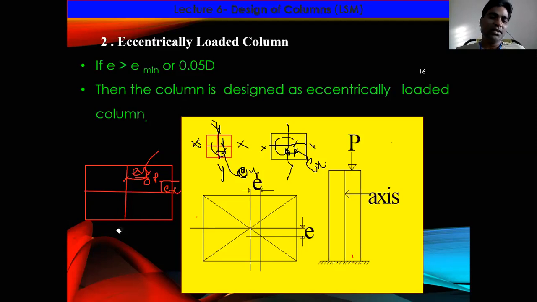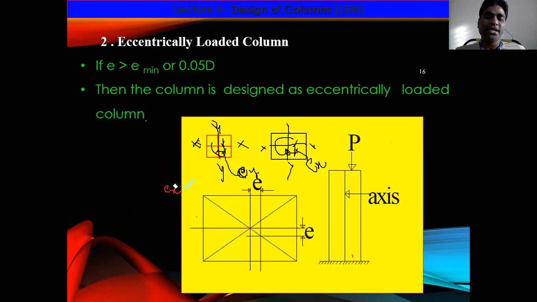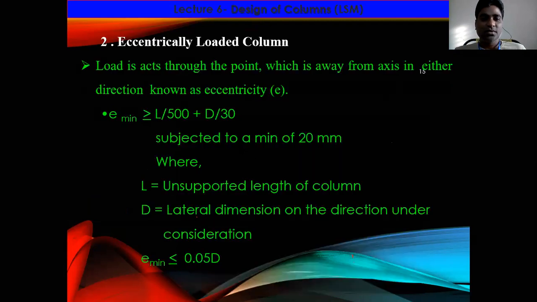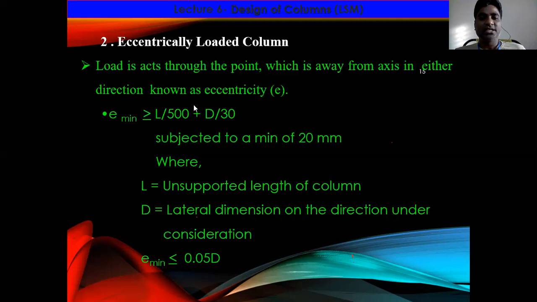And how to identify whether your column is an eccentrically loaded column or an axially loaded column? The load acts through a point which is away from the axis in either direction, known as eccentricity, which we represent by small e. As per the codal provision, we allow a minimum eccentricity, which we call e minimum.